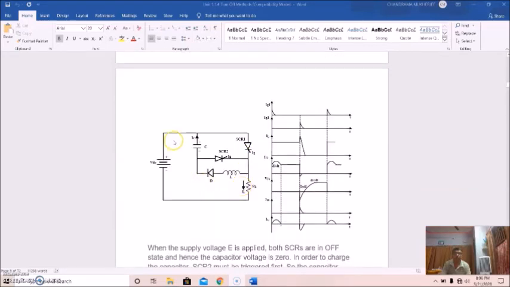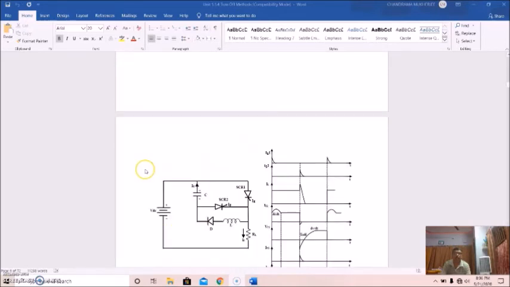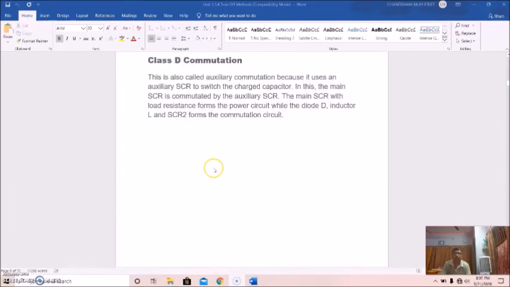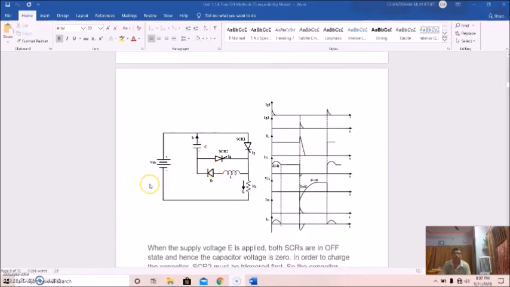So this is your power circuit, and this is your auxiliary, commutation circuit. This is the circuit diagram for class D commutation. This is your main thyristor, this is the auxiliary thyristor, and these are the components of the commutation circuit.